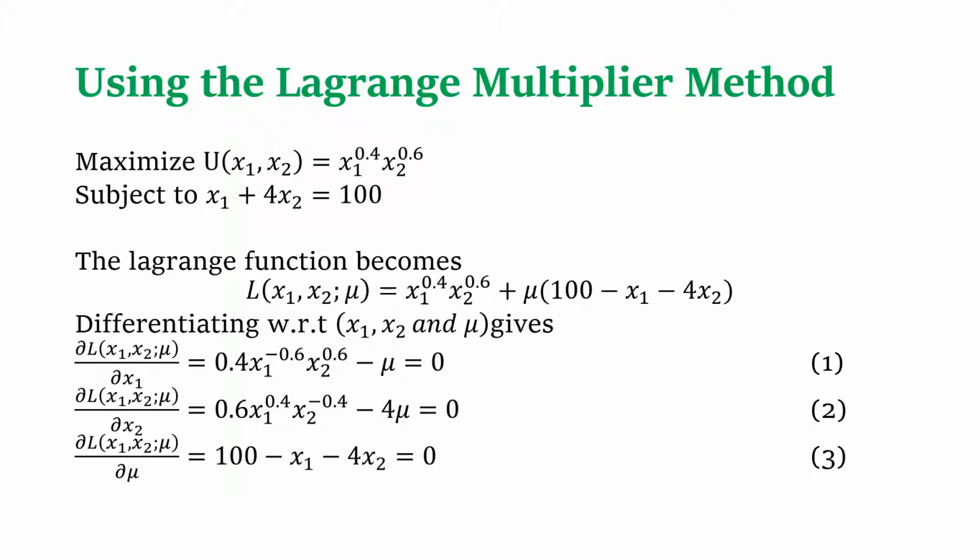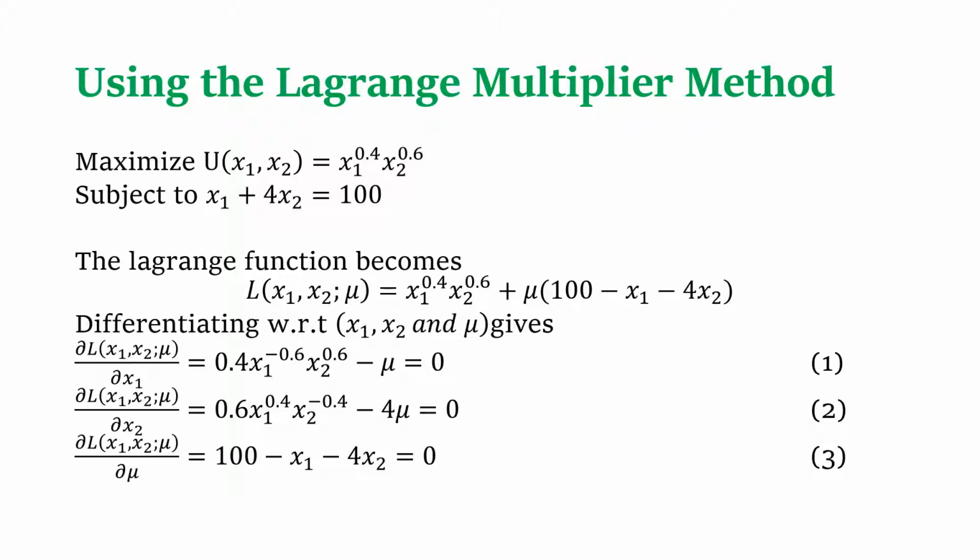We are going to determine the optimal values for all of them. So if we differentiate the Lagrangian with respect to x1, we're going to have 0.4 x1 to the minus 0.6, x2 to the 0.6. Remember, we are differentiating with respect to x1. We are holding all the other variables constant.